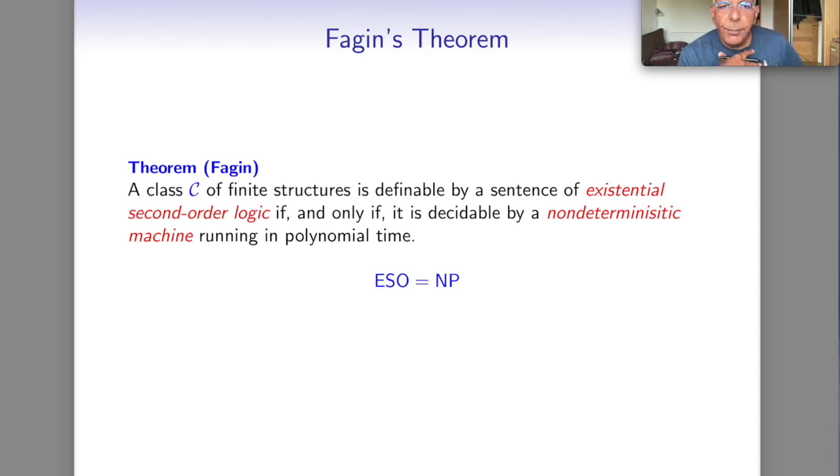And what's nice is, of course, NP is such a central concept in theoretical computer science, usually defined as those languages decidable by a non-deterministic machine running in polynomial time. And on the left-hand side, we have something which makes no reference to languages or machines or non-determinisms or polynomials or time, but yet gives an equivalent characterization. And that's what's so interesting about this.